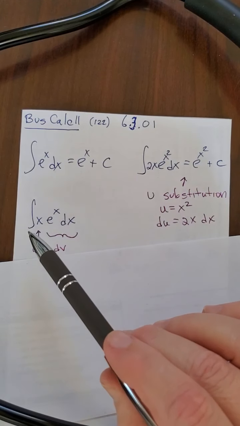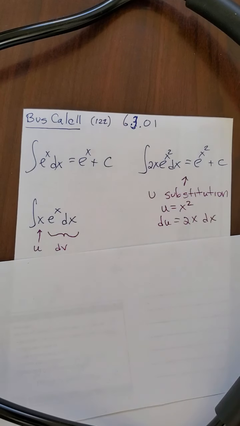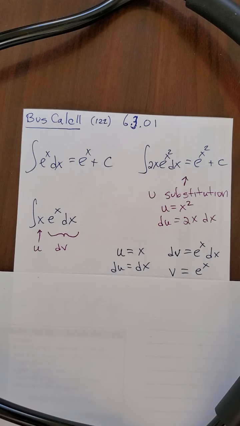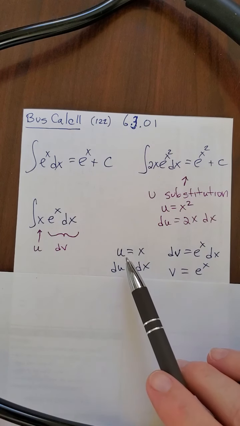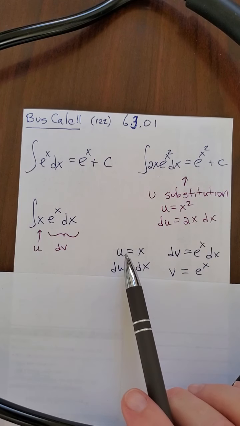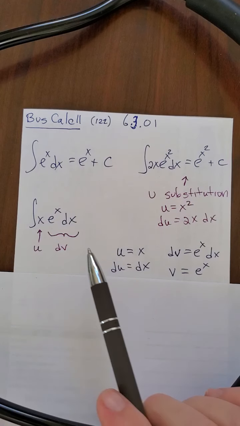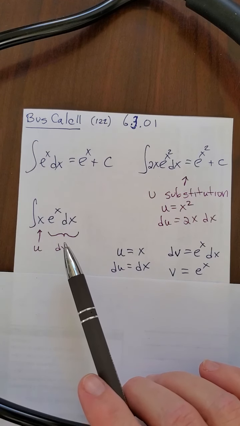So this now is the integral of u dv. Before we use the integration by parts formula, we have to establish a few things. We're going to need u and du and v. We know u is x, and we know dv is e to the x dx, because that's the decision we made.